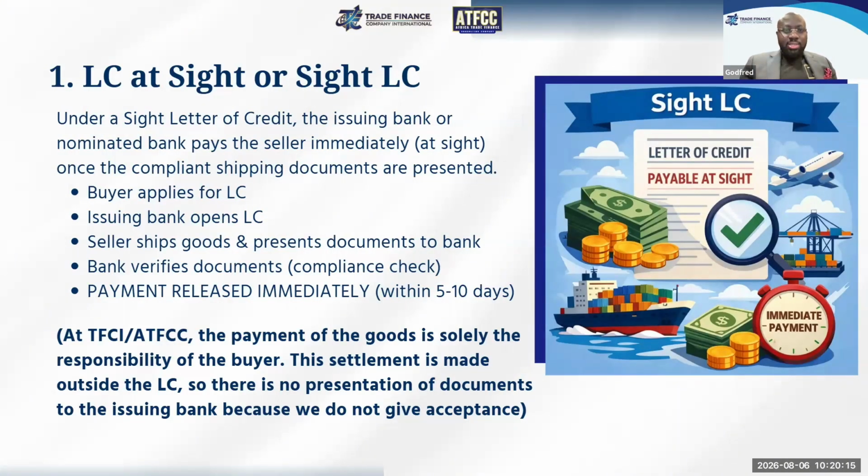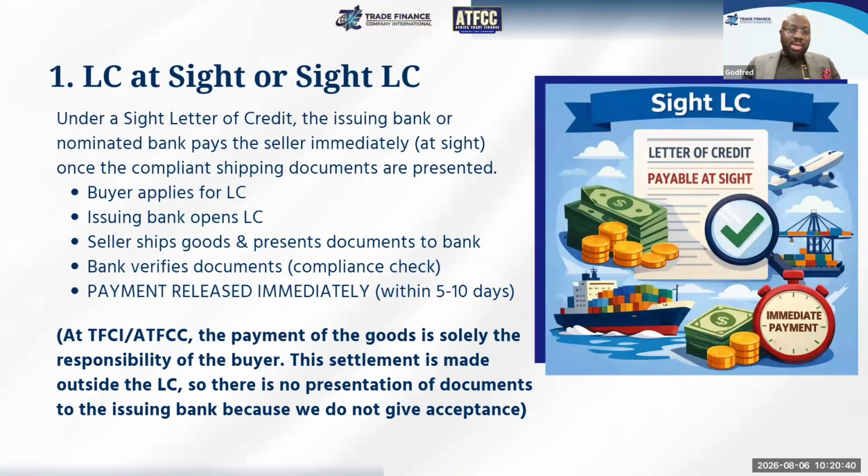Under a sight letter of credit, the issuing bank or the nominated bank pays the seller immediately at sight, once the compliant shipping documents are presented. So once the compliant documents are presented to the issuing bank, the issuing bank pays the supplier if those documents are compliant.